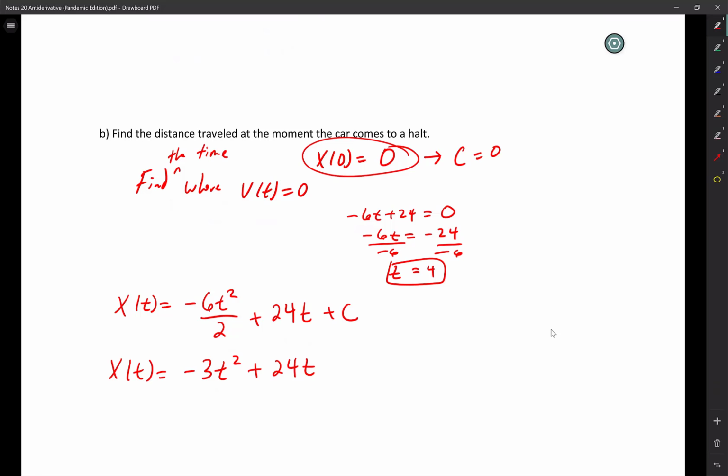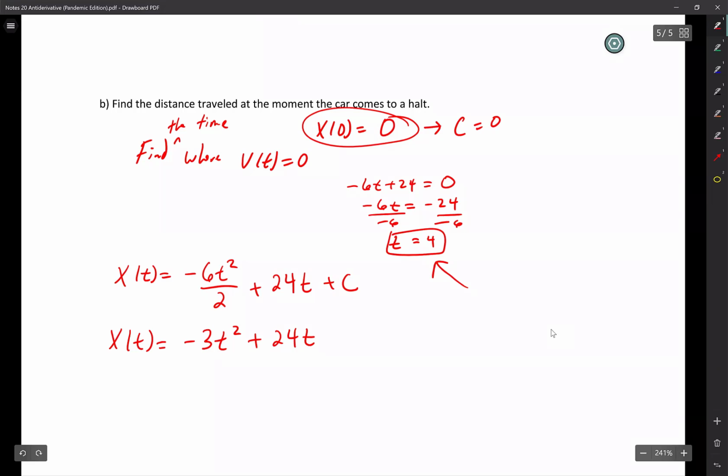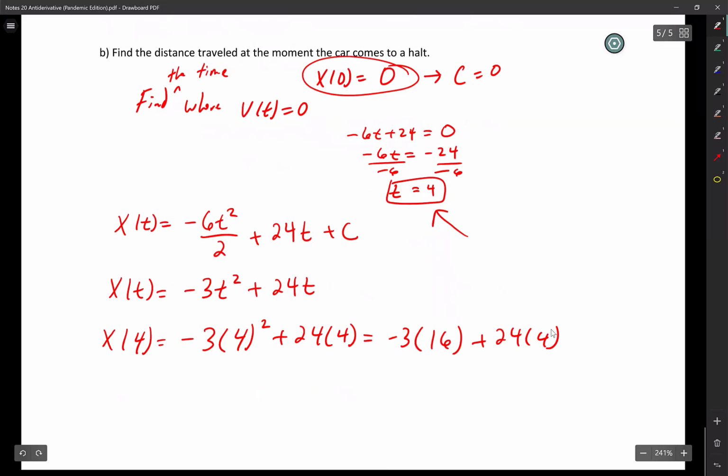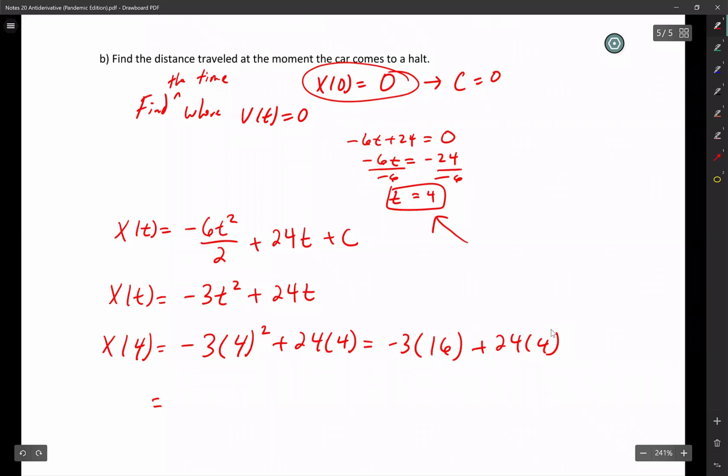I want to figure out the distance that I've traveled, so I'm going to plug in 4. Negative 3 times 4 squared plus 24 times 4. I don't think we need calculators. Negative 3 times 16, that's negative 48.